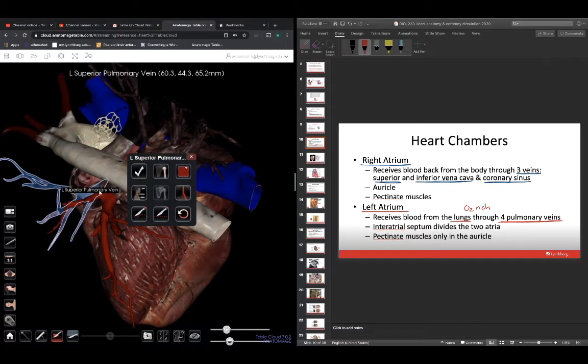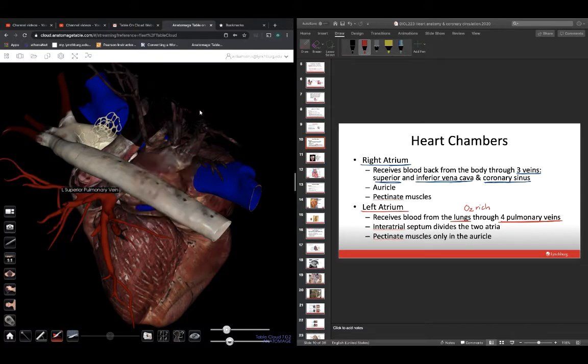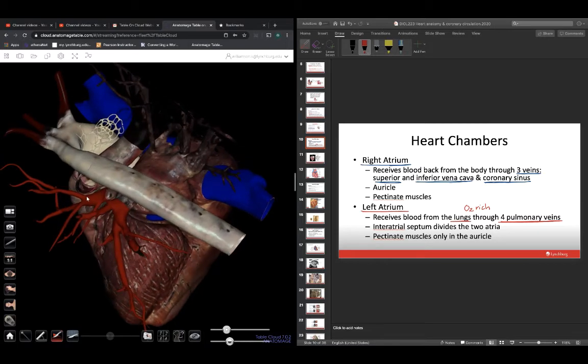And then just superior to that, we're going to see a left superior pulmonary vein, both of these draining blood from the lungs back to the left atrium.